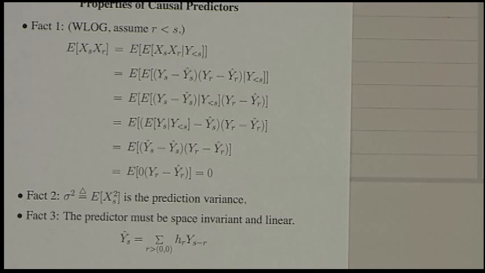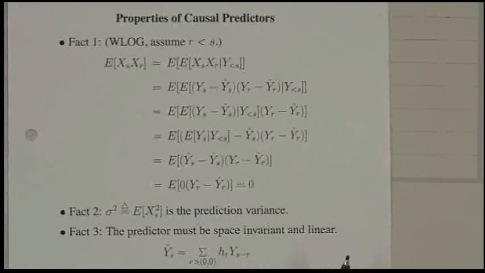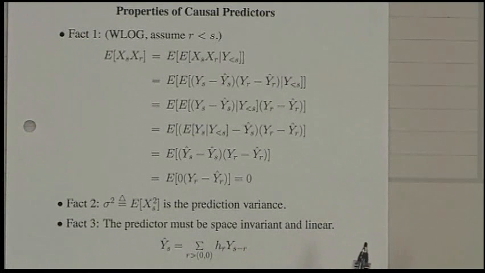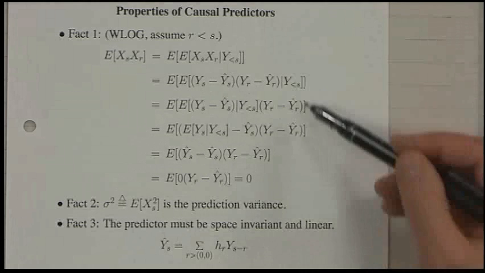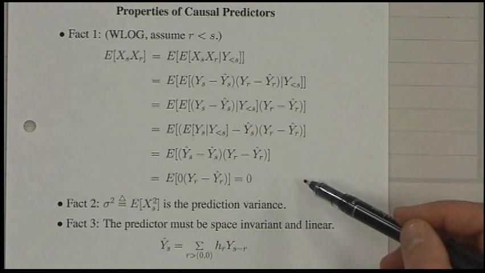It's just a property of the fact that they are minimum mean square error prediction errors. One way of thinking about it intuitively is that if there was information in one prediction error about the other, then you could have used that to do a better job of predicting. But this is the formal proof. You can go through it line by line.